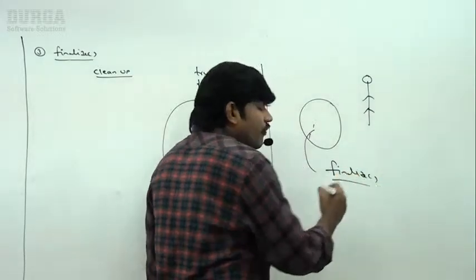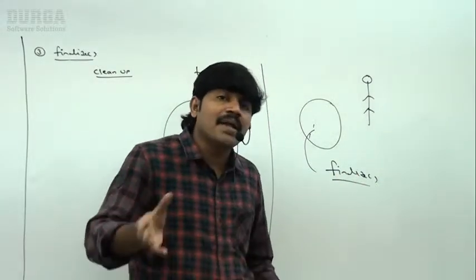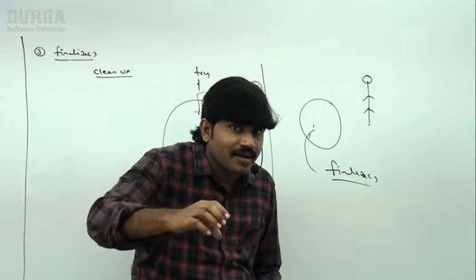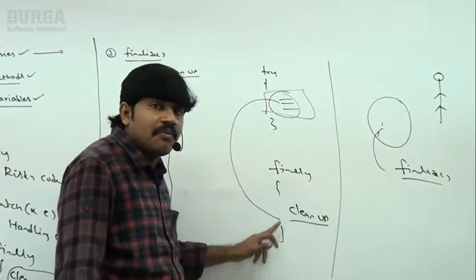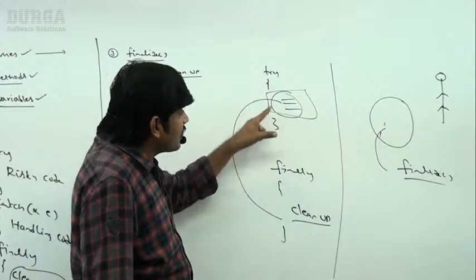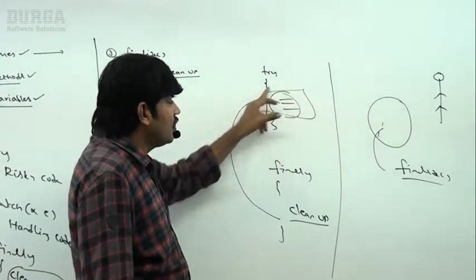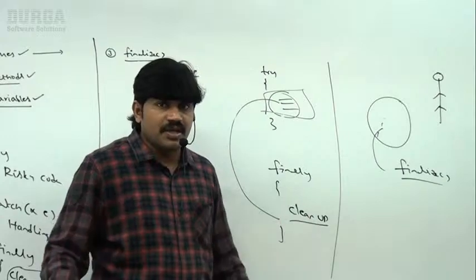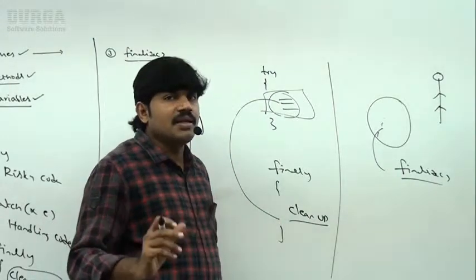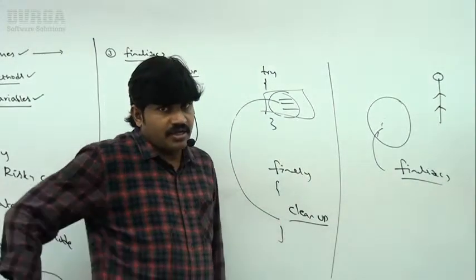So the finalize method is meant for object-related cleanup activities, and the finally block is meant for cleanup of resources opened in the try block. Both are different terminology, even though the cleanup is the same. Are you getting the point?